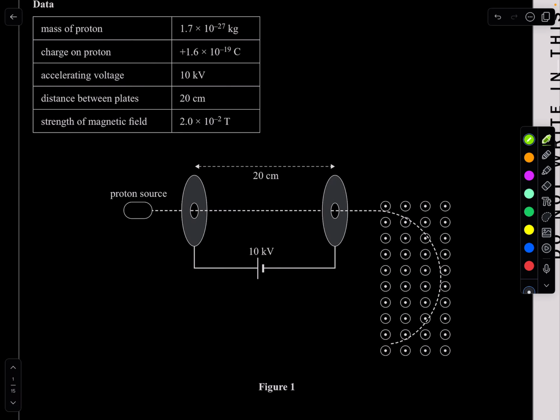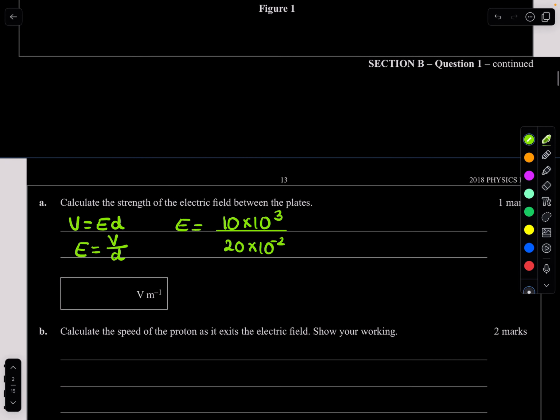And to how many significant figures? We're doing it to 2 significant figures. So I would write this as 5.0 times 10 to the power of 4 volts per meter.